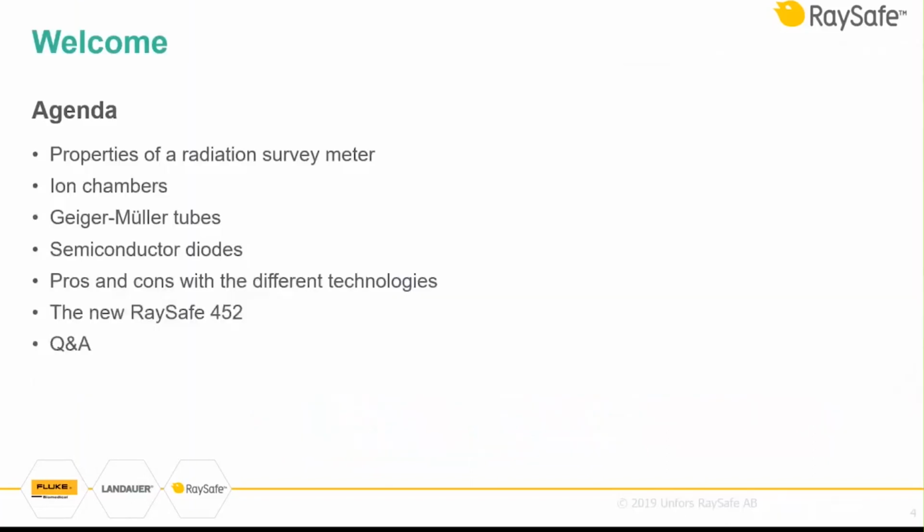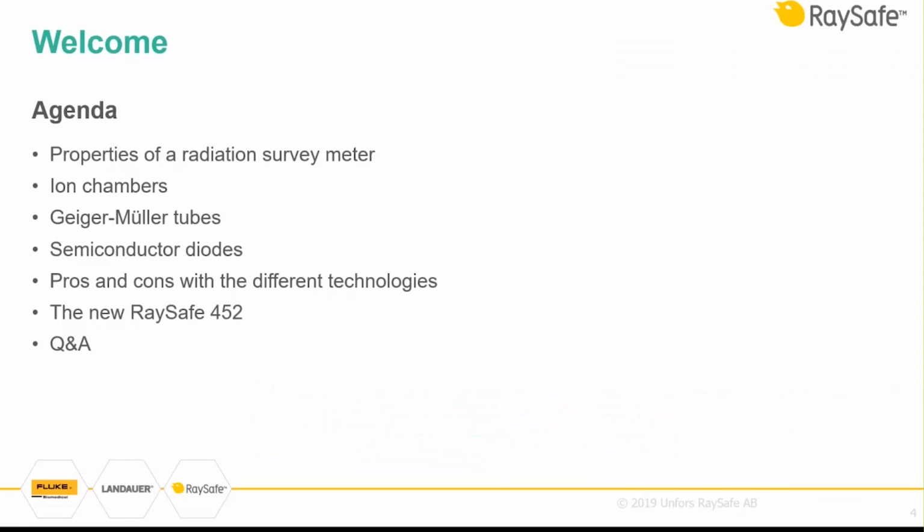We will start off by looking at the context of where survey meters are being used and some of their main properties before we dig into the different technologies. I've also excluded spectrometers and other scintillator-based detectors in this webinar. But we'll cover ion chambers, Geiger-Müller tubes, semiconductor diodes.